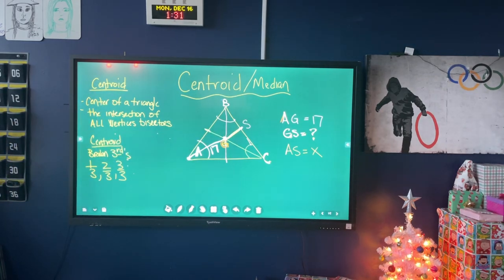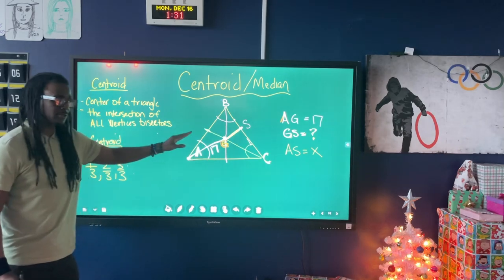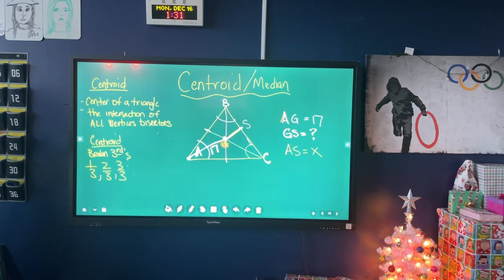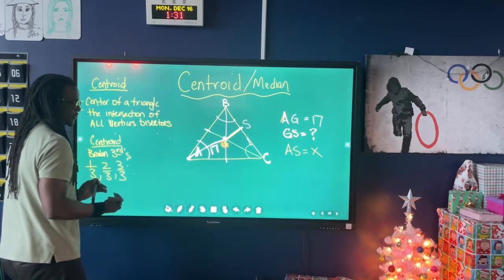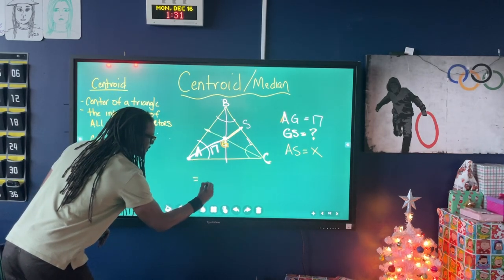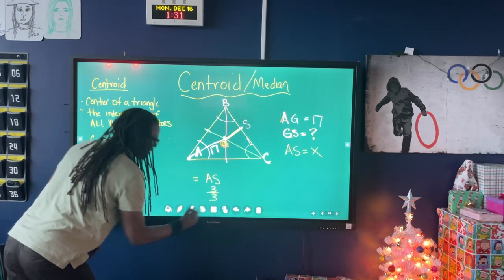So now we're looking at this and we can pick out some things. Remember that the centroid, being the center of all the bisectors, we know that it's broken in thirds. If I had to break these into thirds, AS would be 3 of 3.